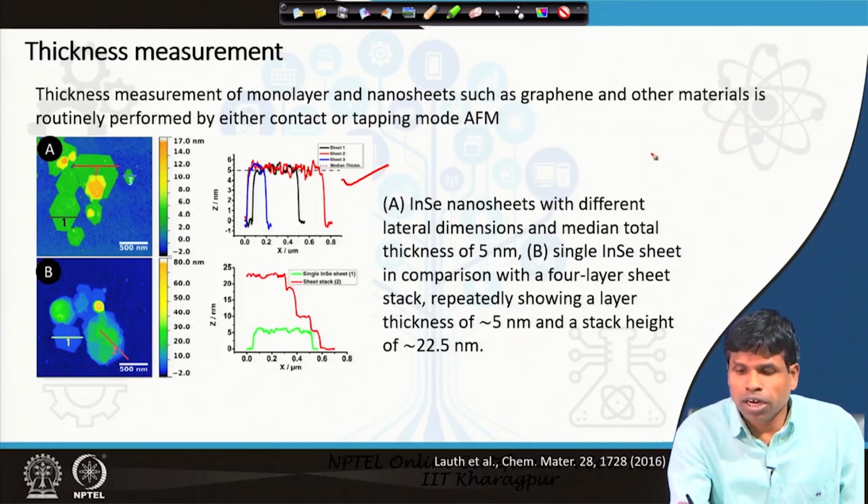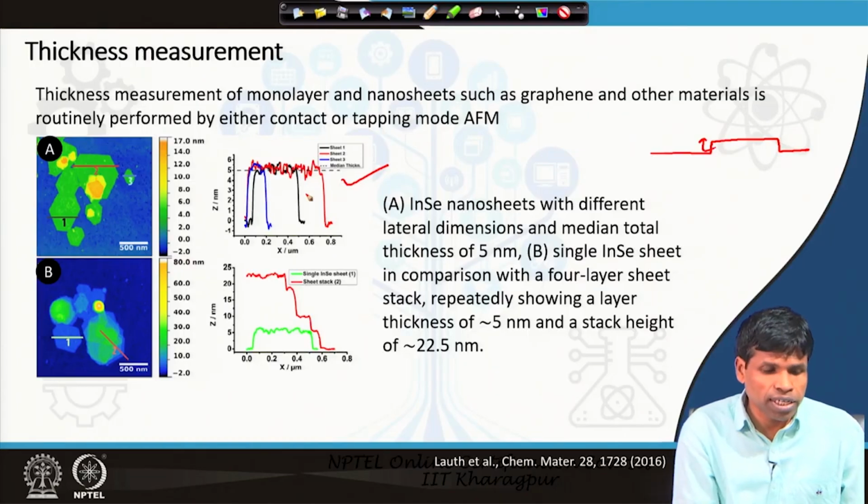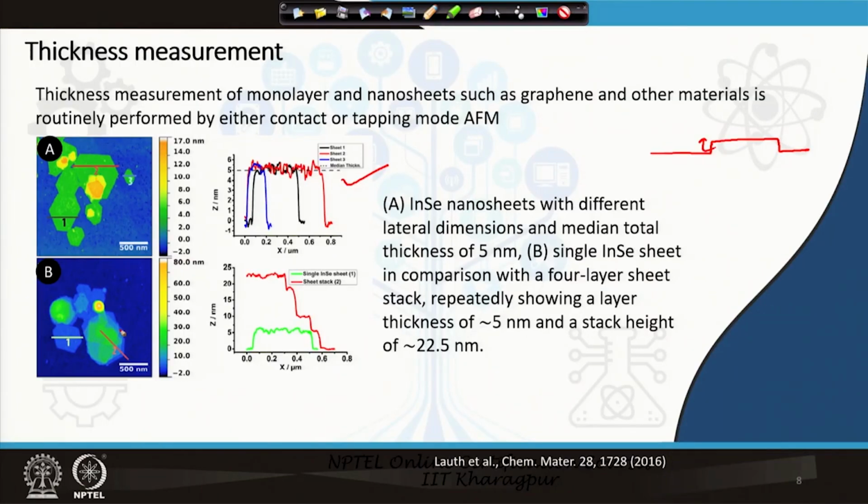In this way, when the tip scans the surface, we can measure the thickness. So, this is what the line scan is providing, and there are several nanosheets here also presenting the thickness, whether they are stacked over each other and what their thickness is, whether there are individual nanosheets or multiple nanosheets. That is what we are measuring here.